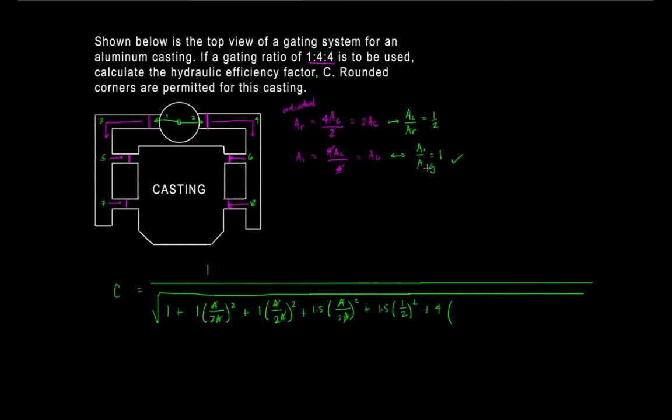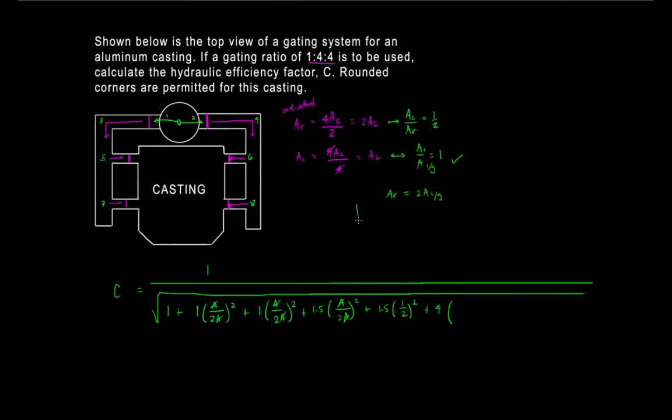So the area of the in gate is equal to the area of the choke, but we know that the area of the choke is equal to one half the area of the runner. Meaning that the area of the runner is twice the area of the in gate, a 50% change in the area.